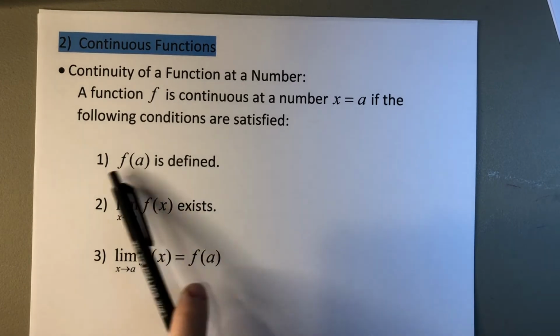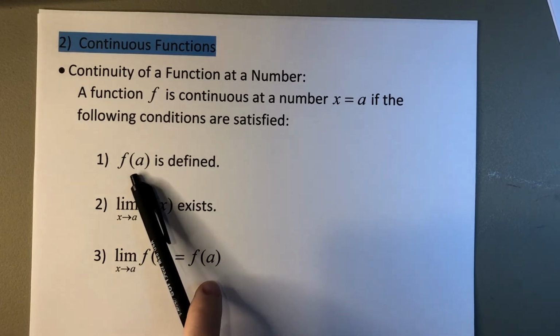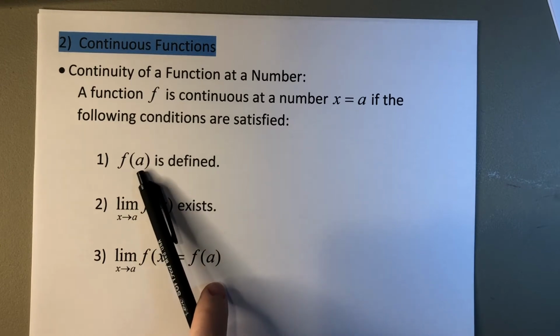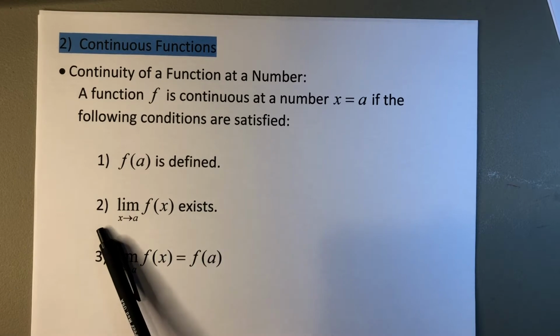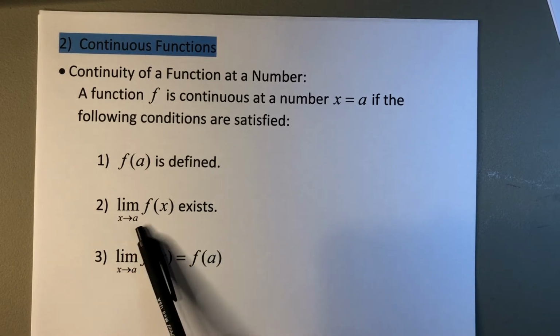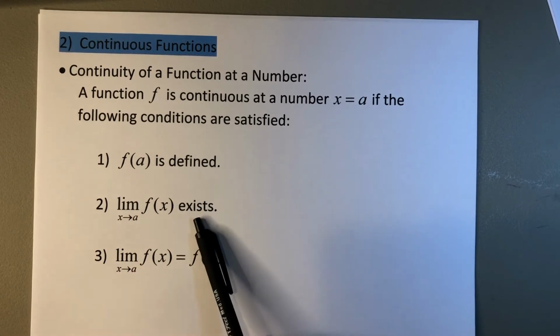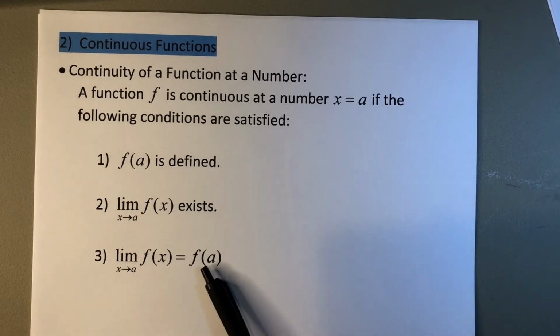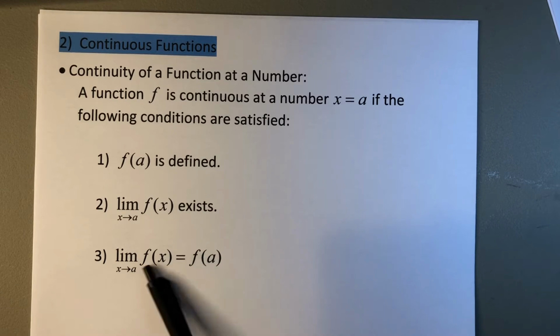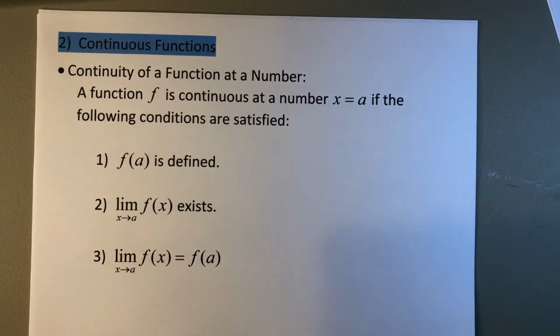Number 1, the function f of a is defined. The second thing is the limit of the function as x approaches a exists. And the third and final condition is that the first 2 conditions are equal to one another.